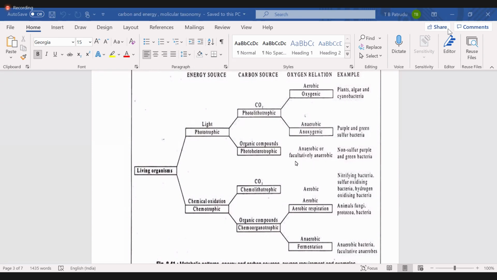On the other hand, it is facultatively aerobic. These are all non-sulfur purple and green bacteria. Anaerobic reactions take place, but with organic carbon. Next, the chemotrophs.